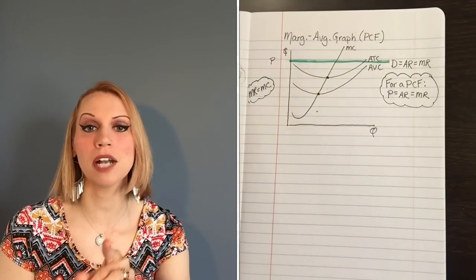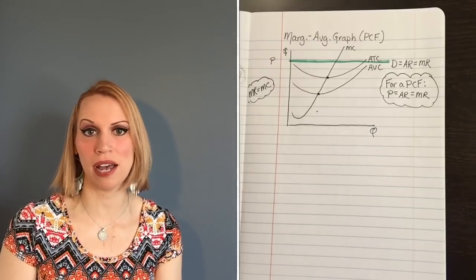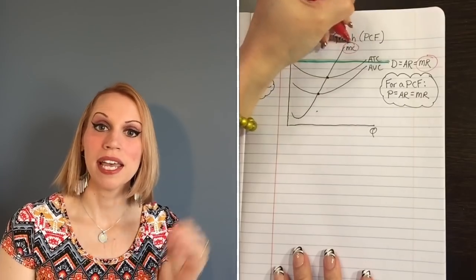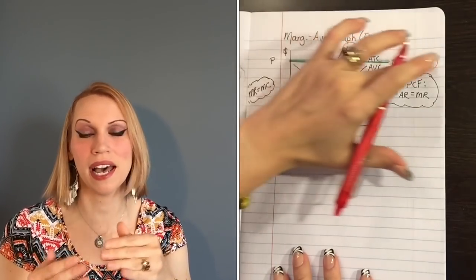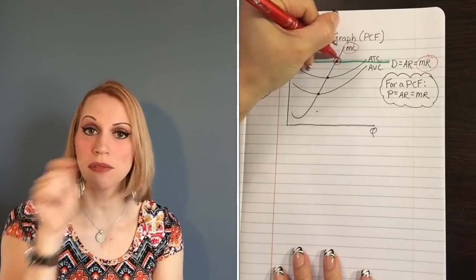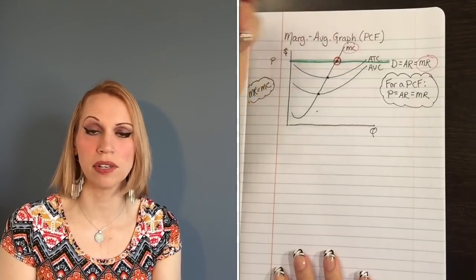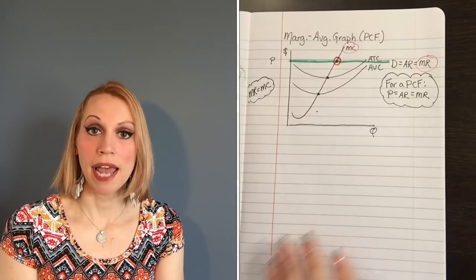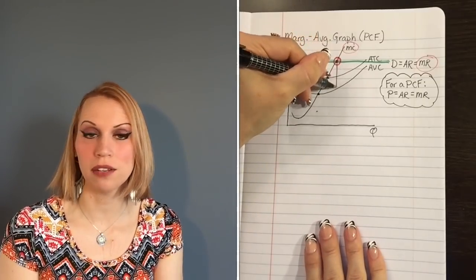So if we're trying to find where MR hits MC on this graph, we're going to look for where our Nike check, our MC curve, hits our MR curve, which right now is our demand curve. So look where your MR and MC hit. You can even indicate that if you want to on your graph. And then drop down to your quantity axis. And you can put something like a Q star if you want to.